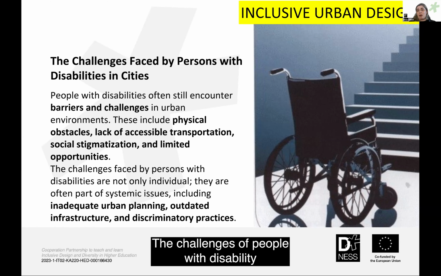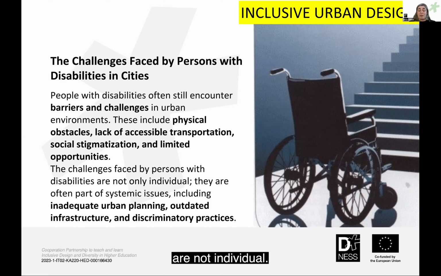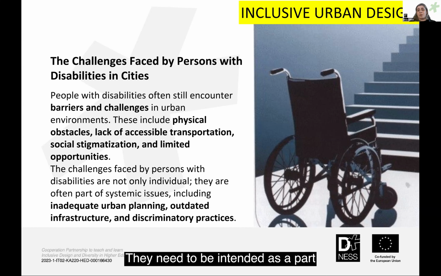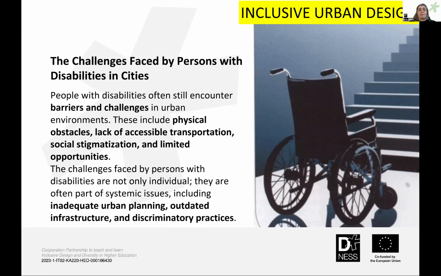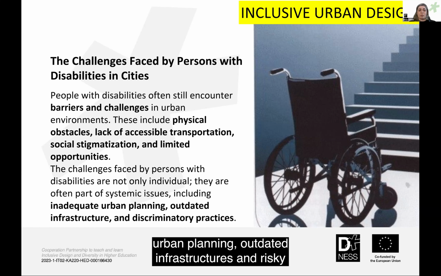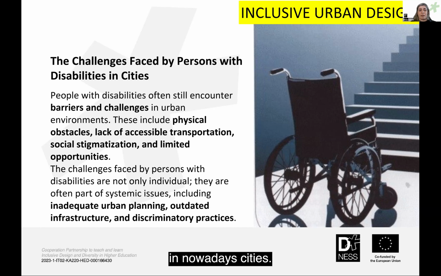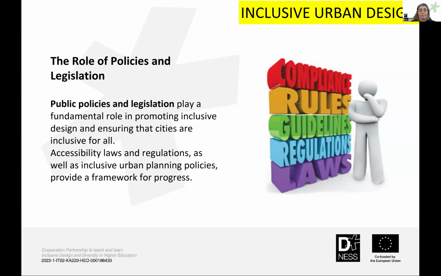The challenges of these people with disabilities are not individual. They need to be intended as a part of a more complex system, including an inadequate urban planning, outdated infrastructures, and discriminatory practices that are very diffused in nowadays cities.